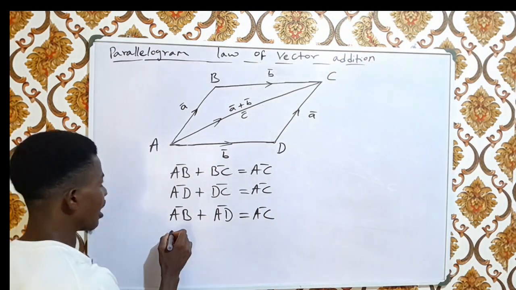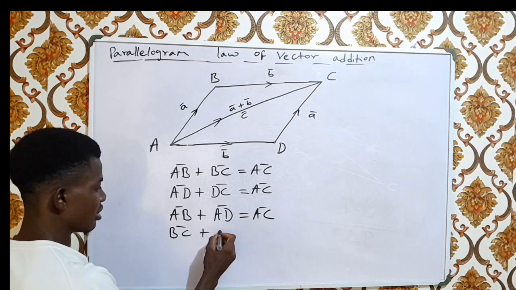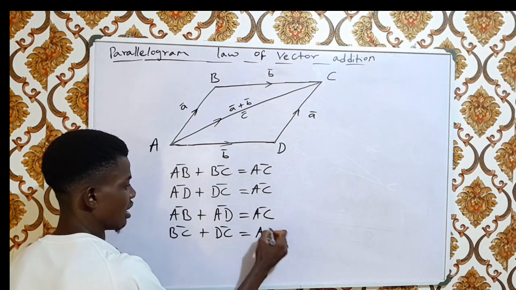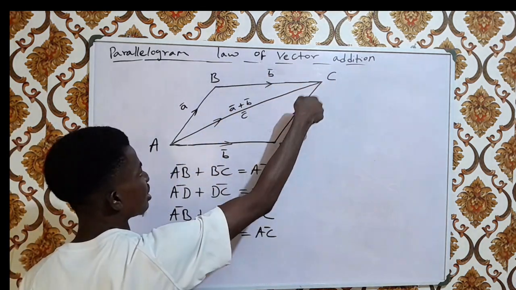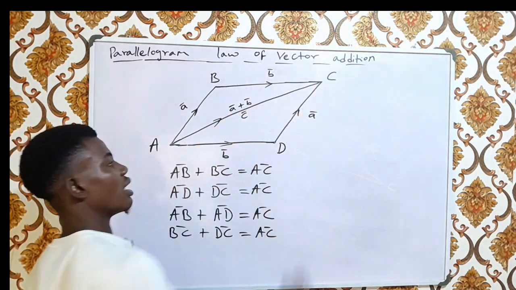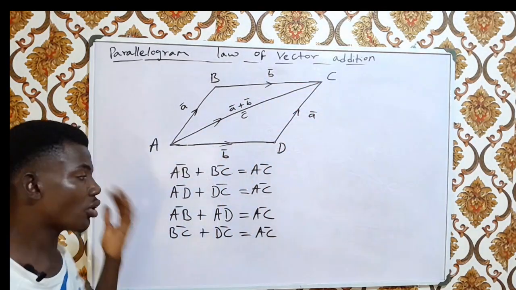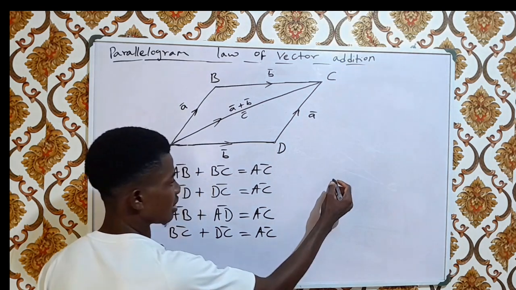The same thing applies here: BC plus DC will still give us AC. So we can have something like this.